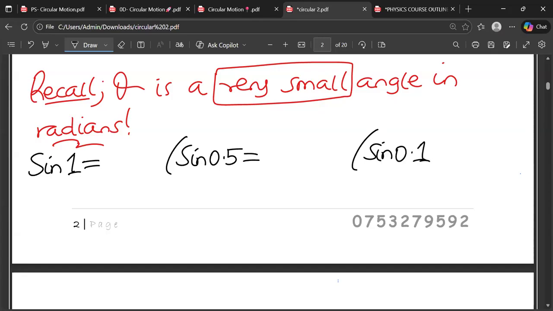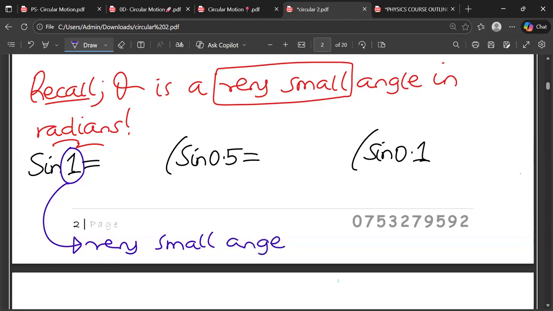So what you're seeing, these are very small angles. I think you people have never seen 1 degree. That's why when the angle is too small, it's better for it to be measured in radians. That's why they always prefer radians. Write for me all those 3 answers, separated with commas. The sine of 1, when your calculator is in radians.